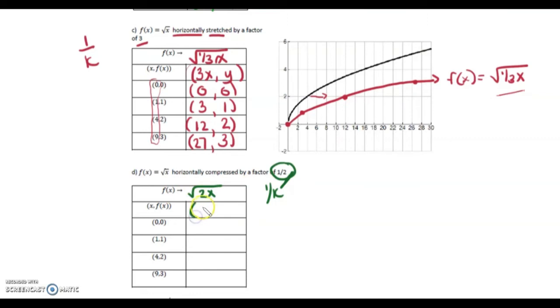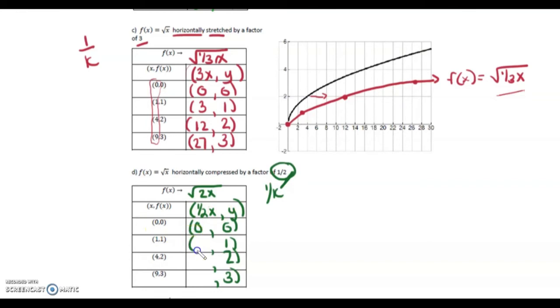So our x values are all going to be compressed by a half, so we're going to half them. And our y values are not going to change. So write down the y values just to get everything started. Okay, and we're going to half every single x.